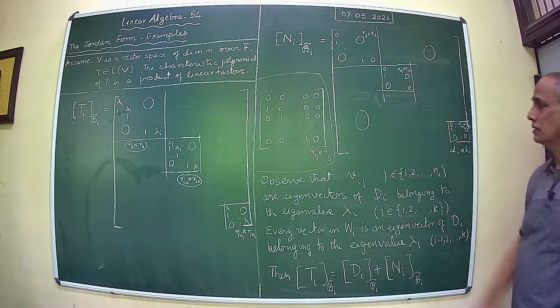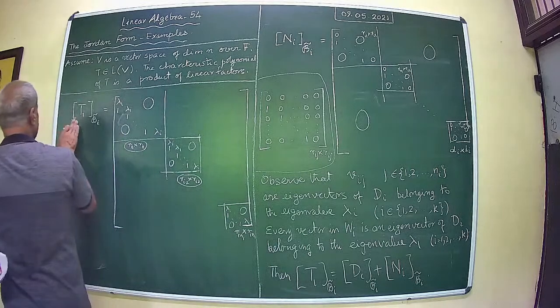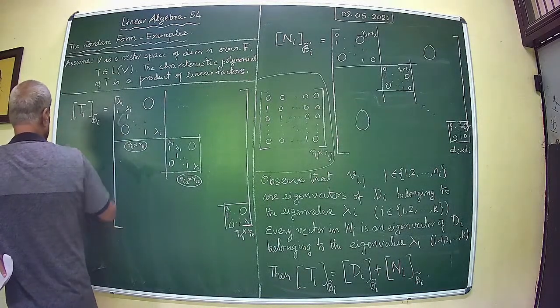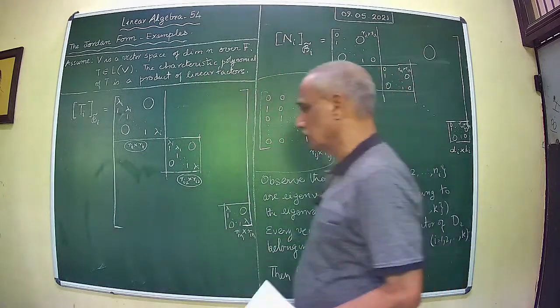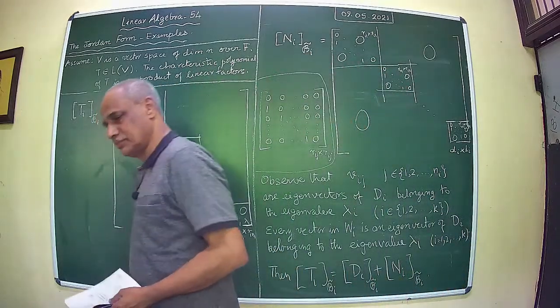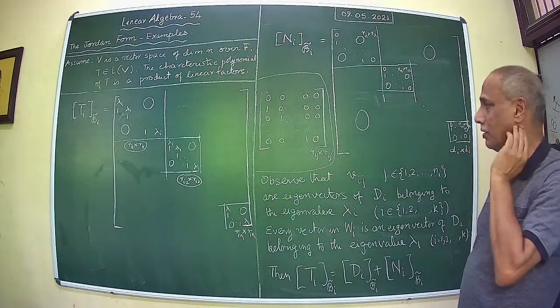So that is pretty clear how it comes up. So this is a representation for Ti. Now we want to get the matrix representation for this one.